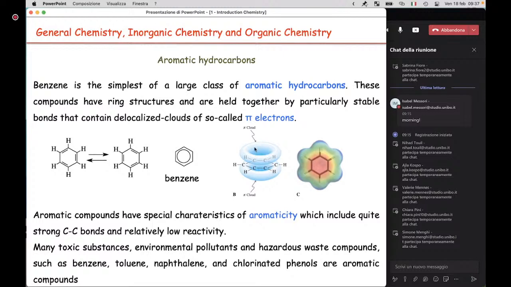So this is not a simple case of having double bonds. The double bonds have to be conjugated, meaning alternating between double and single. But in aromatic hydrocarbons, the double bonds are not localized. They are spread all over the molecule.